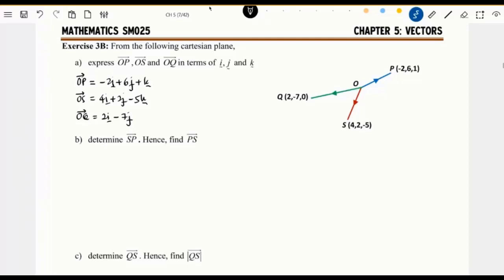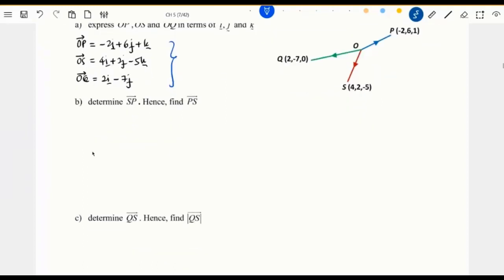So make sure yang ini basic. Ini paling penting mesti betul sebab you have consequence question. So kalau yang part A salah, automatically part B, C dan D akan salah. Okay. Alright, so to find the SP. So we know that we should have yang belakang tolak yang depan.